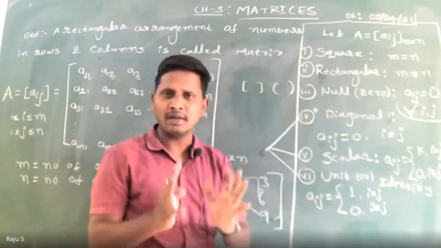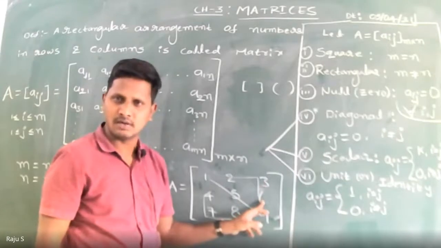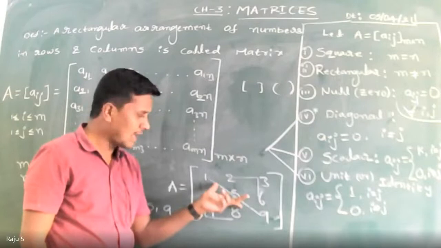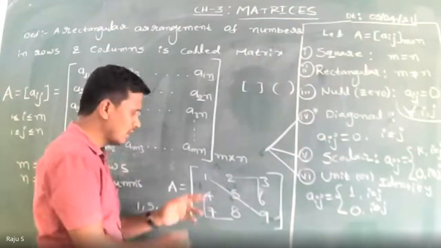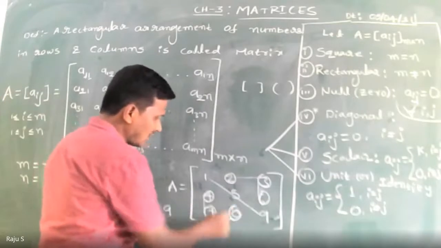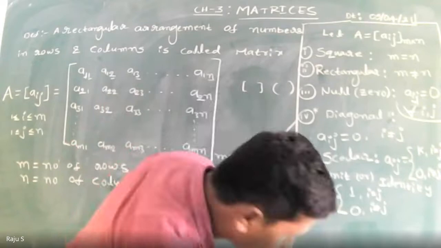To discuss the diagonal matrix, simply remember that all non-diagonal elements must be zero. Diagonal means at least one diagonal element is non-zero, and all these other elements are zero. Then this matrix is called a diagonal matrix.